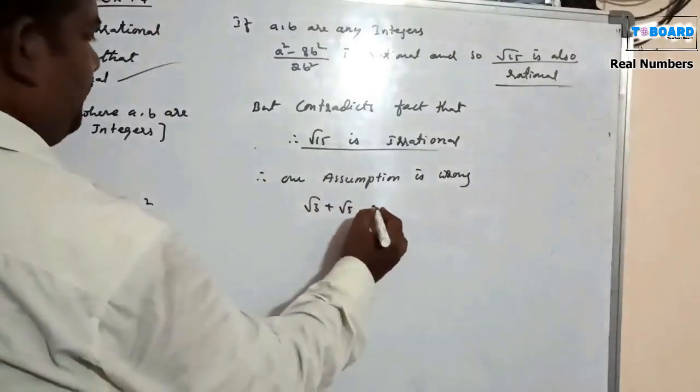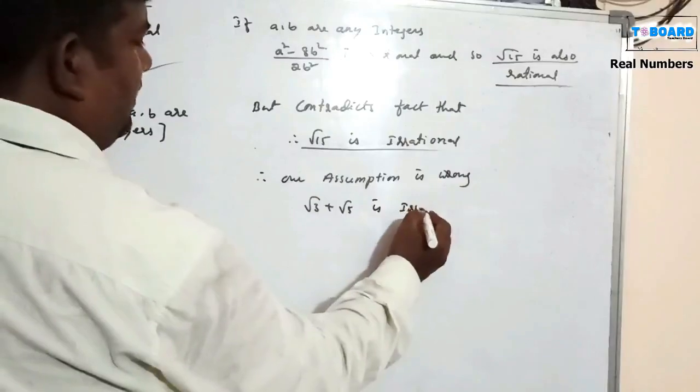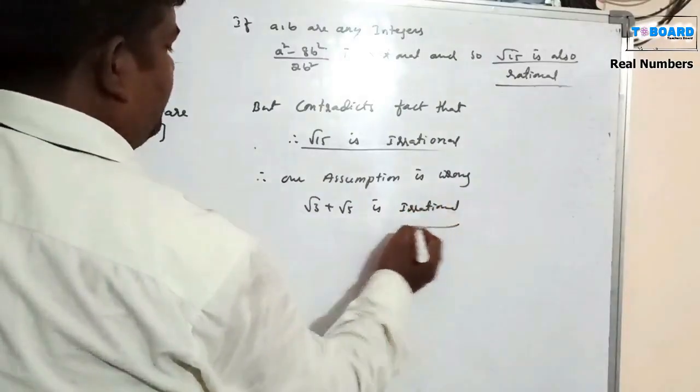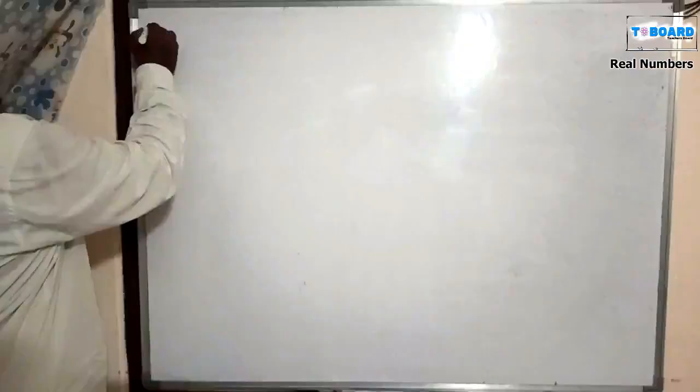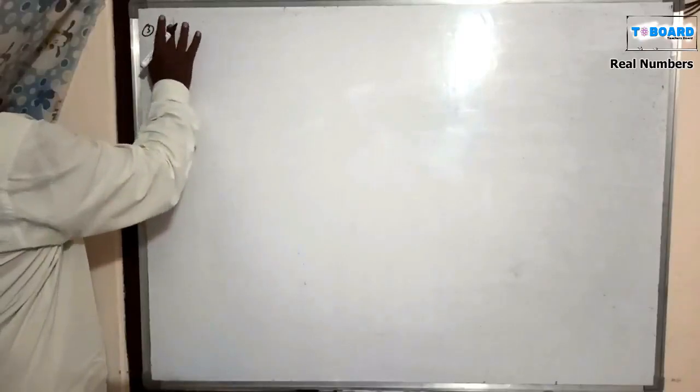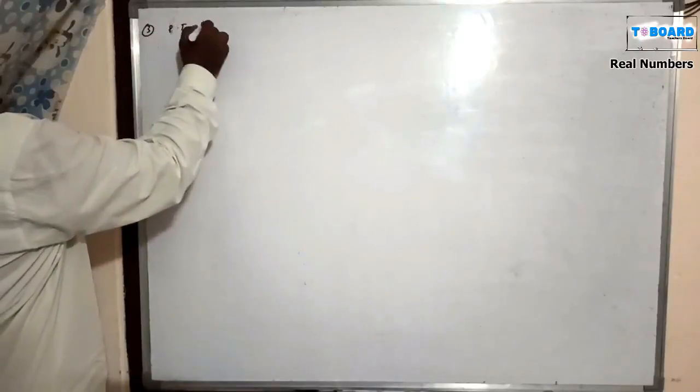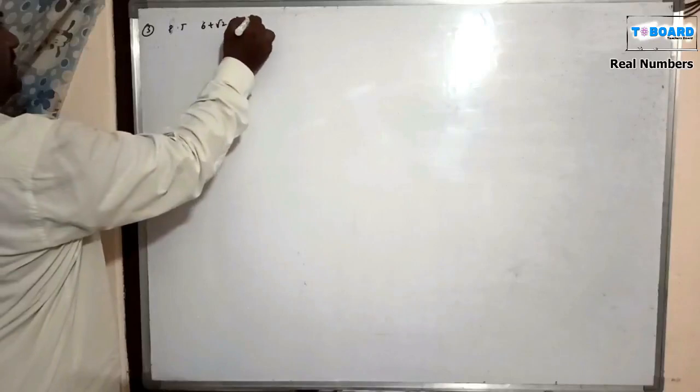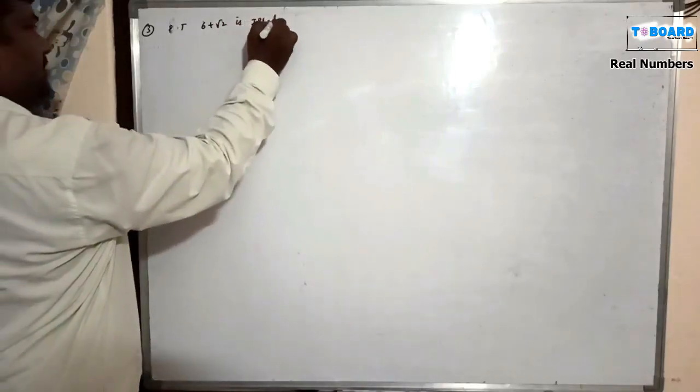Therefore, root 3 plus root 5 is irrational. Third one, 6. Prove that 6 plus root 2 is irrational.